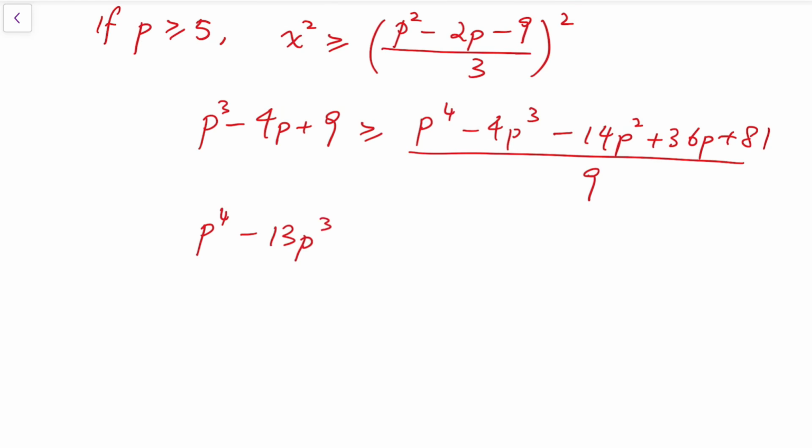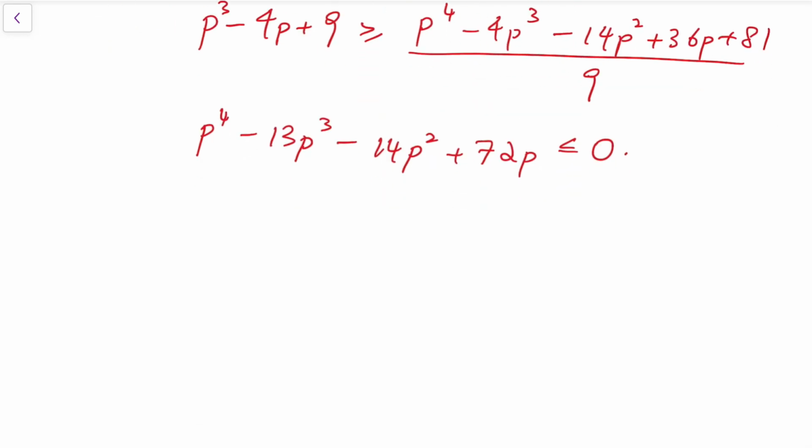Then simplifying, we have p to the power 4 minus 13p cubed minus 14p squared plus 72p is less than or equal to 0. And of course p is positive because p is a prime number, so we can say p cubed minus 13p squared minus 14p plus 72 is at most 0.